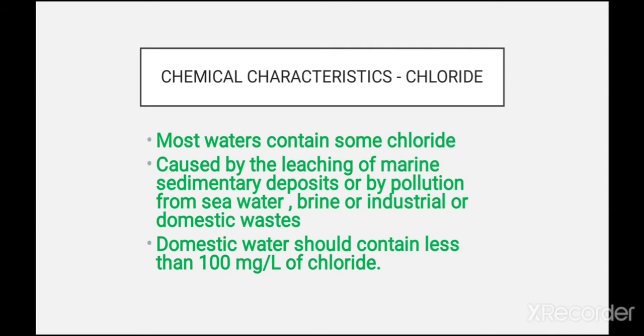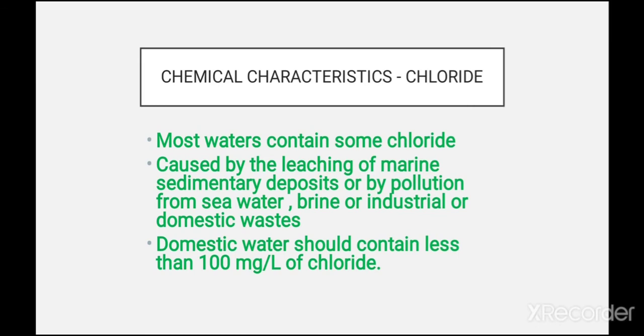We need to know the acceptable values of certain chemicals like chlorine, arsenic, and fluorine in potable water. We'll be discussing a few here. For the rest, we have to check the IS code, IS 10500, which I have already shared.